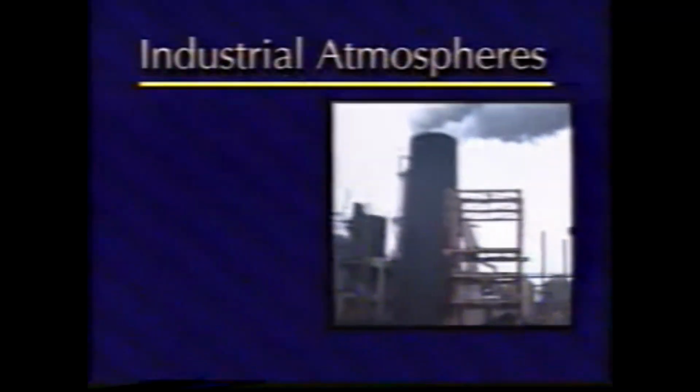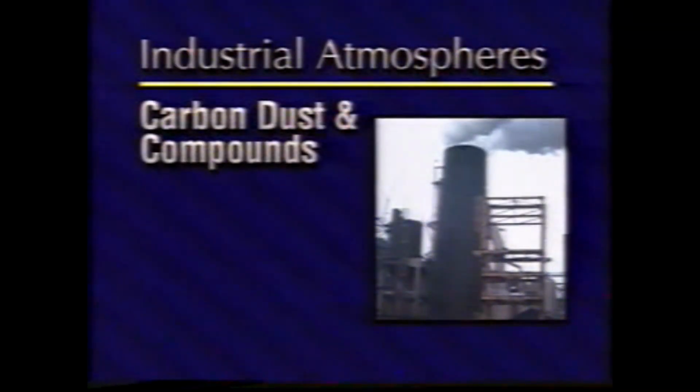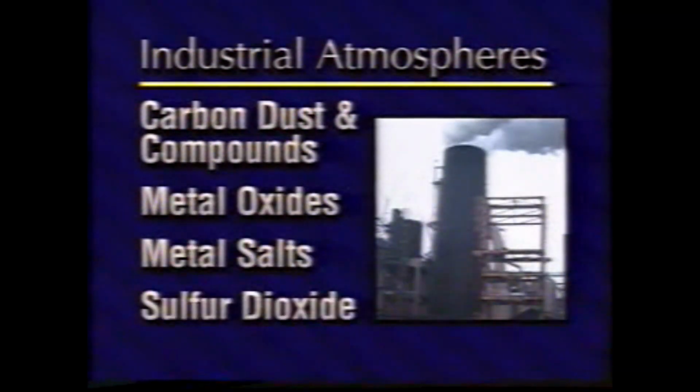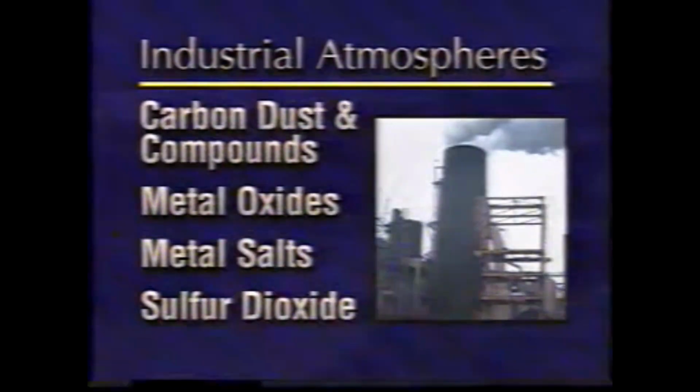Industrial atmospheres, however, contain dust of carbon particles and carbon compounds, metal oxides, metal salts, and sulfur dioxide. With moisture, the dust particles bearing soluble contaminants produce corrosion by forming differential aeration cells and other types of concentration cells. At and near the seacoast, saltwater spray is the most corrosive element.